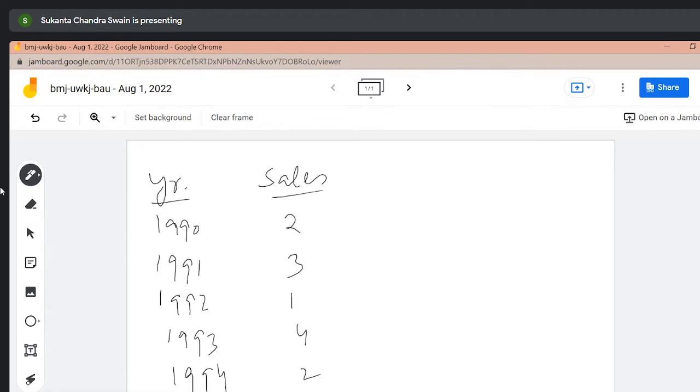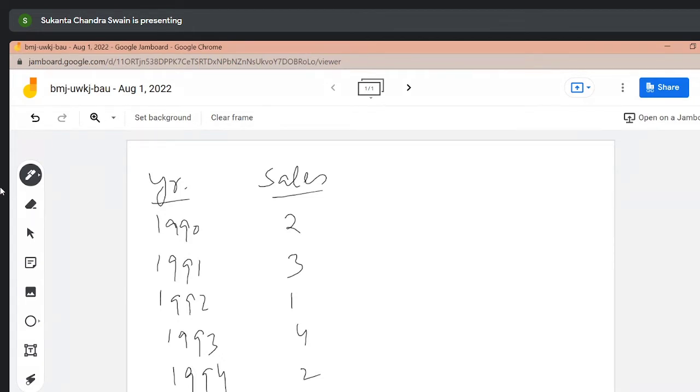You please tell me, between these two variables, which is the dependent variable and which is the independent variable. Whether sales depend upon time, or time depends upon sales. Sales on time, sales depend on time. Very good.